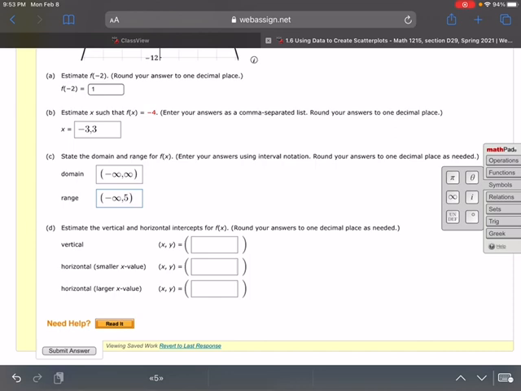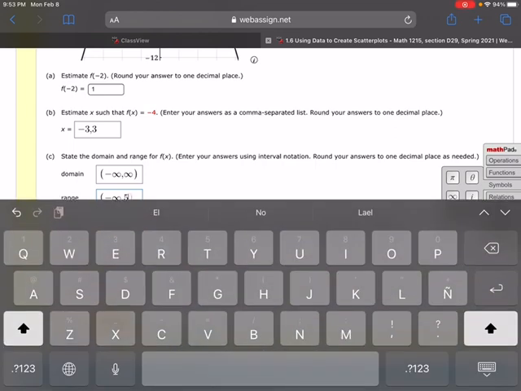And we have to put it in brackets because it does touch at that point. So we must include the brackets in here.